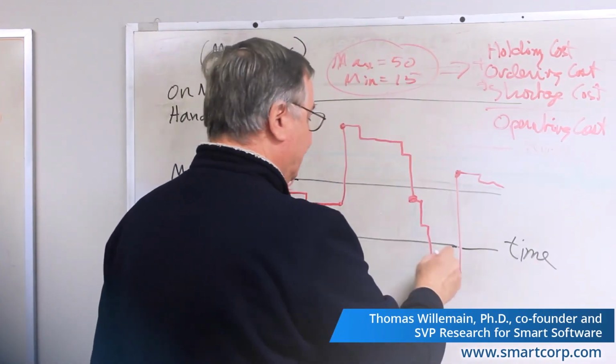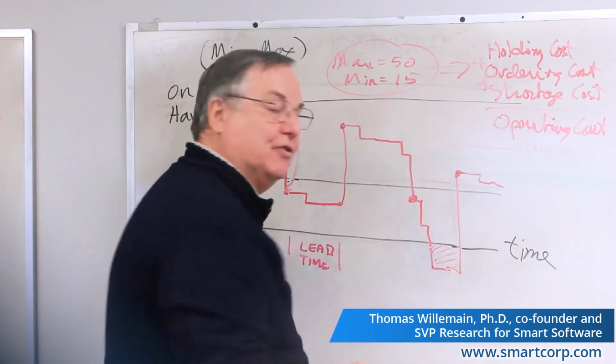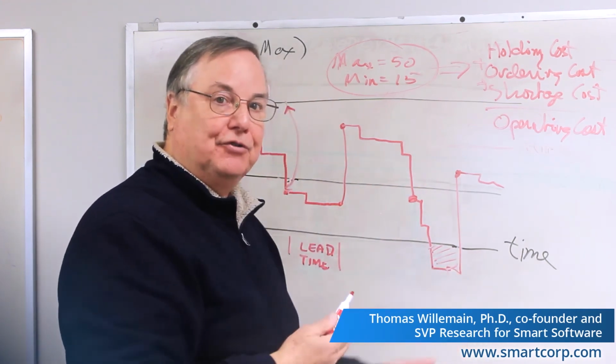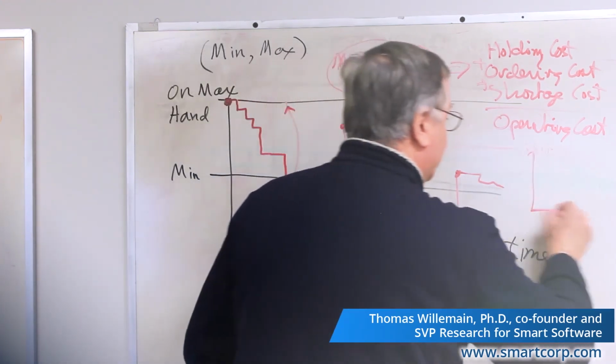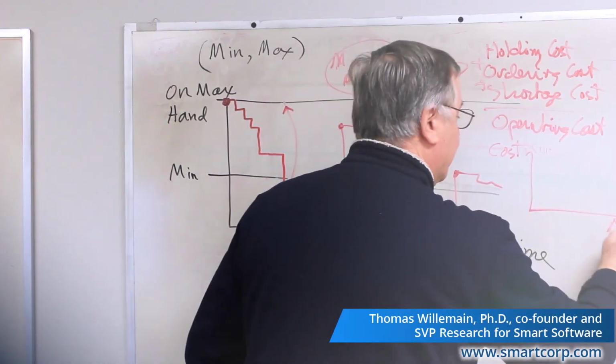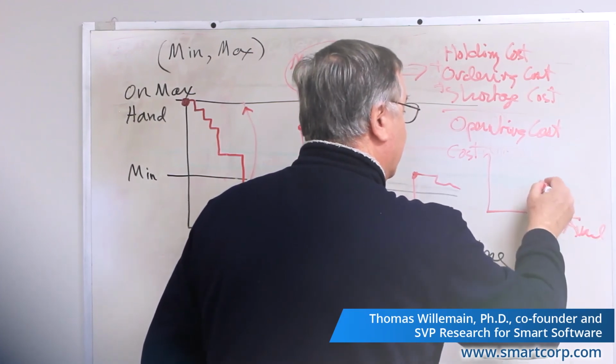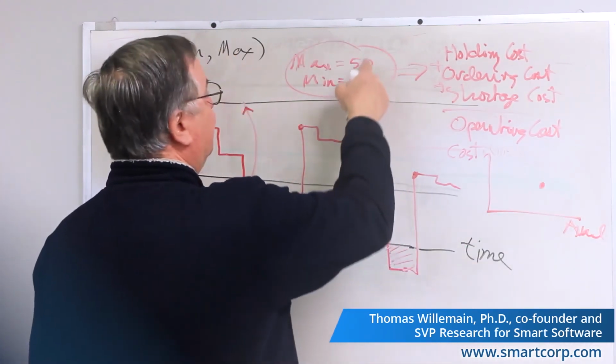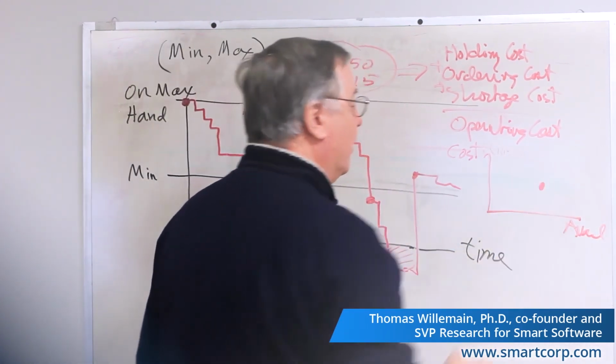And you also have some idea of how often you end up stocking out, and that goes to the availability. So you get back on your universal trade-off curve of cost and availability, and you've seen that if the min is 15 and the max is 50, that's where you are.